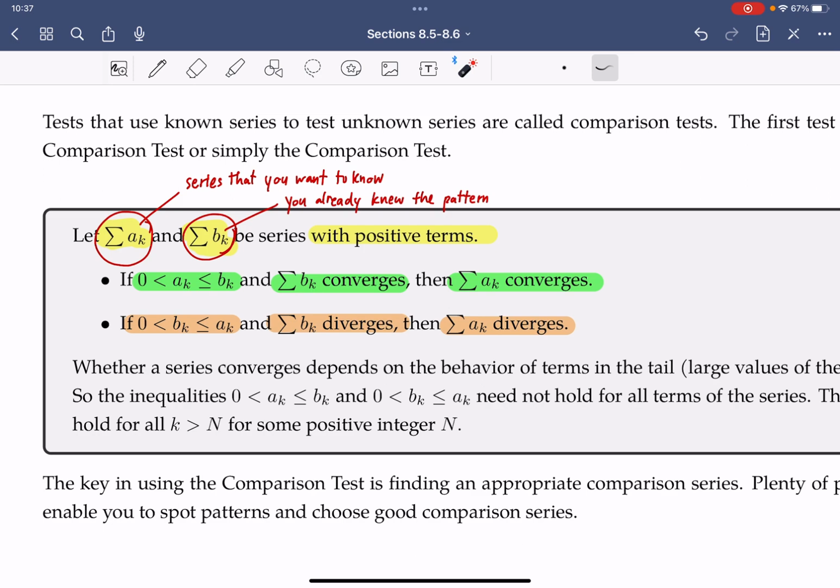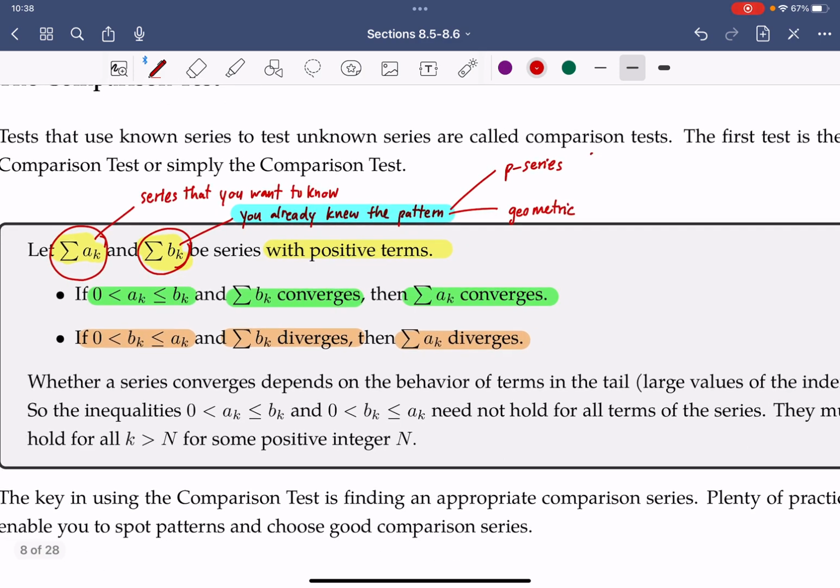We're going to go to an example pretty soon. The series that I say you already know the pattern of is the one that we use a lot. We use the P series a lot, and we also use the geometric series a lot. So remember when we learned the P series, we have summation 1 over K to the P, K starting from 1 to infinity.